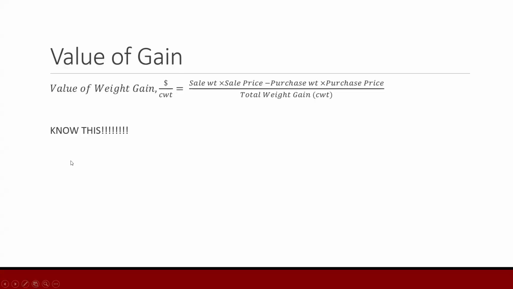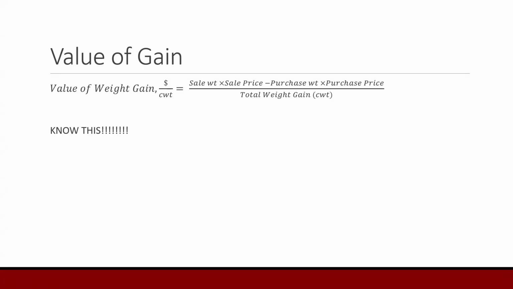Okay. So value of gain. Know this. I can promise you I will have different weights of animals and different values of animals and tell you to calculate the value of gain for a given scenario. So value of gain is sale weight times sale price minus purchase weight times purchase price, divided by total weight gained.